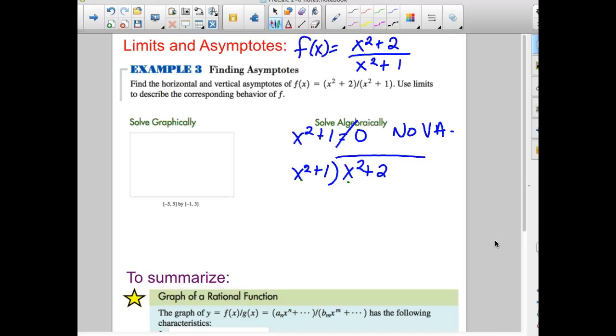X squared divided by x squared is 1. 1 times that is x squared plus 1. And what do we get when we subtract? Yes? So if I were going to rewrite this, my function is this 1 on top plus my remainder.